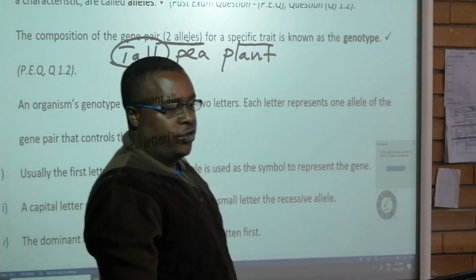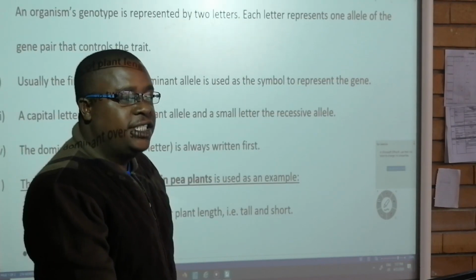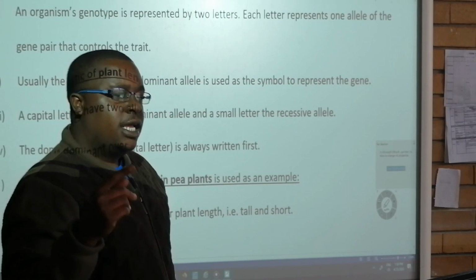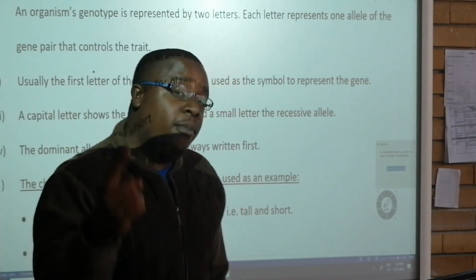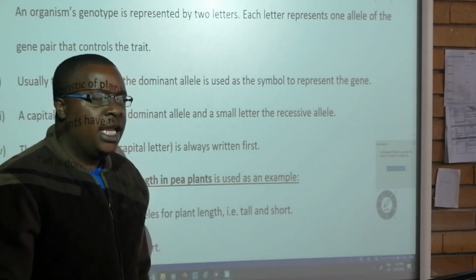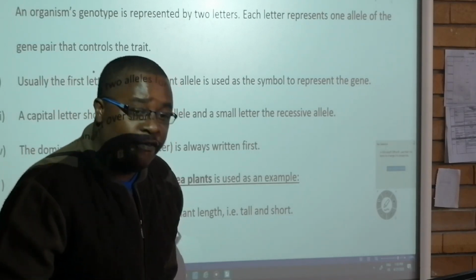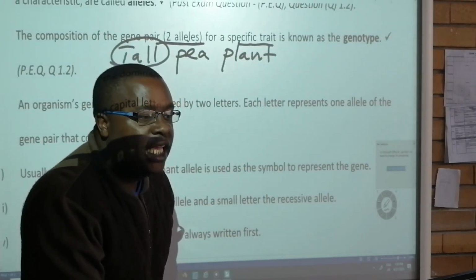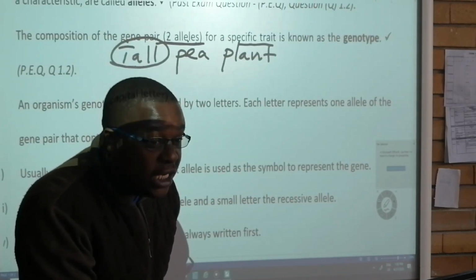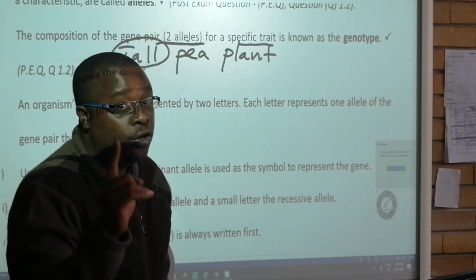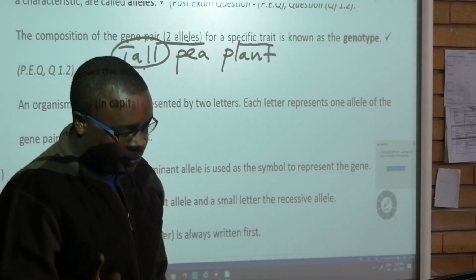Right. Let's keep moving. An organism's genotype is represented by two letters. Let's stop there. Remember what we just agreed. We said we have a tall pea plant, and for it to become tall, it must have had a gene pair of two alleles that code for tall in the height of the plant.